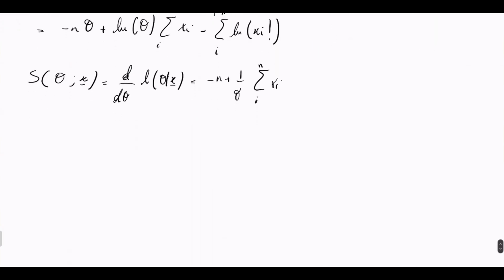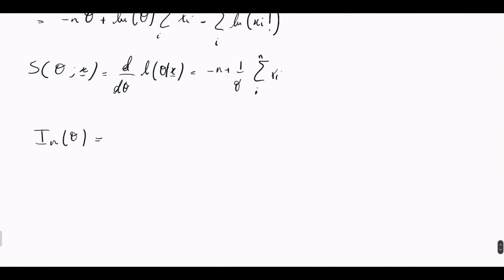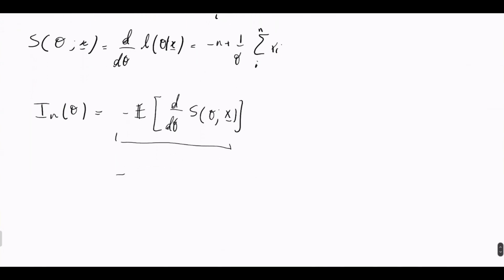So the Fisher information is going to be equal to minus the expectation of the derivative of the score function. That's why, if you remember the theorem, it's under certain regularity assumptions.